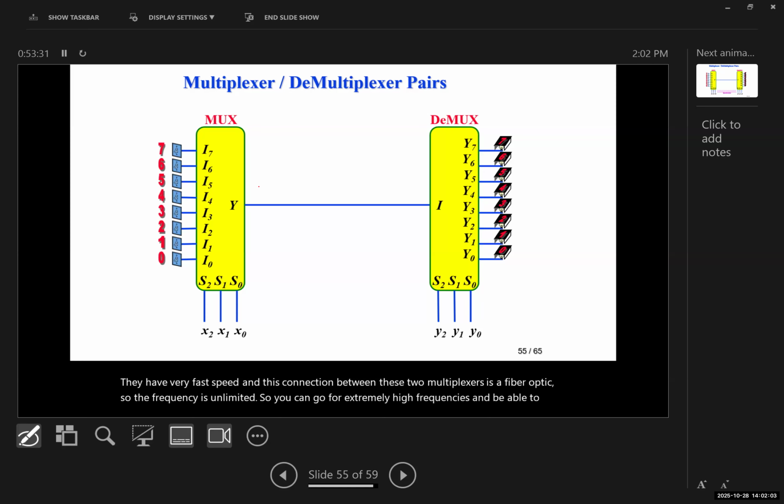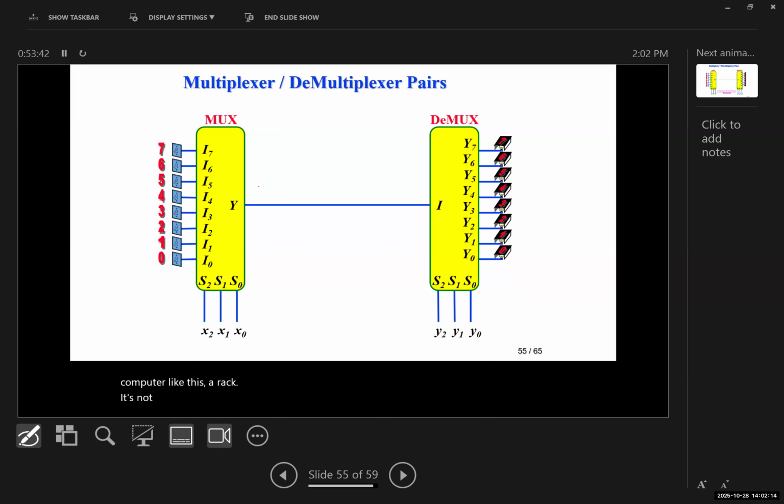And by the way, nowadays when we speak about an AI cluster, you may think it's a computer like this, a rack. It's not. Sometimes an AI cluster is a combination of 2 or 3 cloud centers. So one may be in DC, another one is in California. And when you run a prompt on ChatGPT, they connect to each other and do one processing.